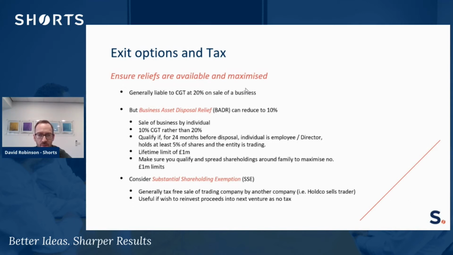It's worth thinking about if you are going to reinvest your proceeds post-sale. For example, if you have a holding company and a subsidiary, if you were to sell that subsidiary company, provided certain conditions are met, effectively that sale can be completely tax-free for the holding company, which can allow that holding company to then go and reinvest the proceeds into the new venture.